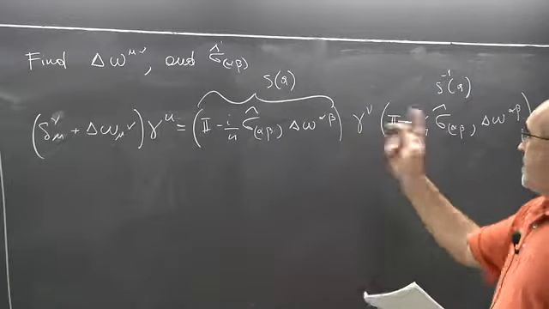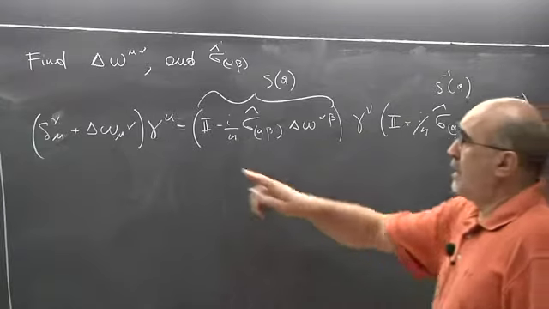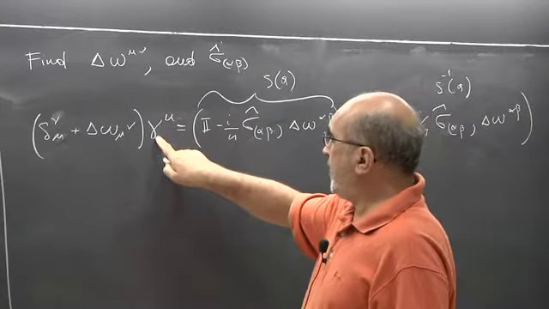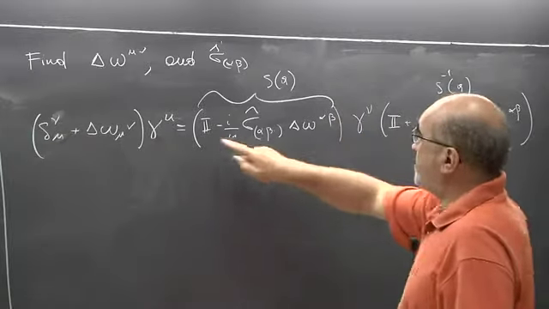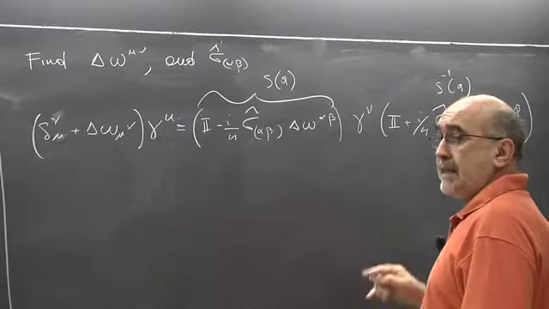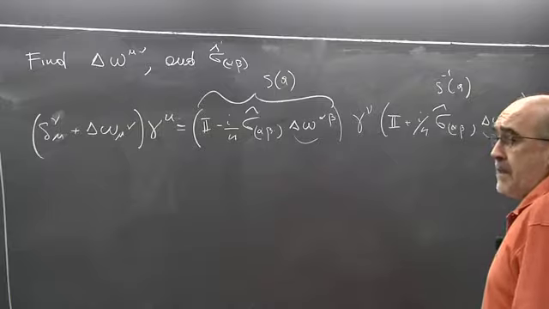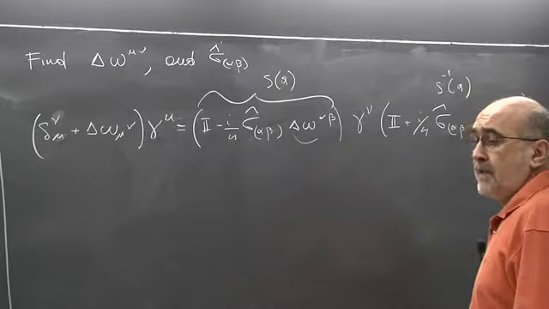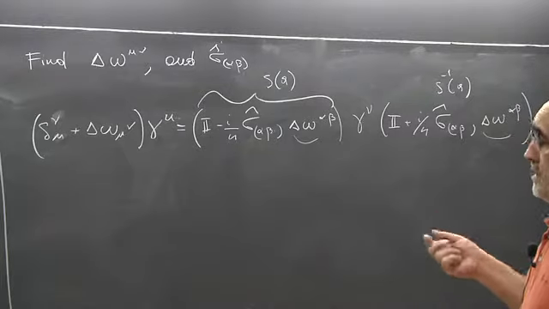Now, let's do the product. First of all, there is a term gamma mu times this that gives me gamma nu. This times this gives me gamma nu, and they cancel. Then on the right-hand side, I neglect the terms that are second order in delta omega, because they are small.